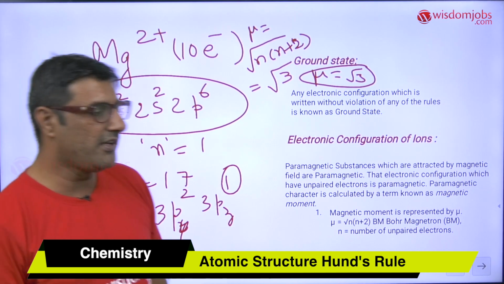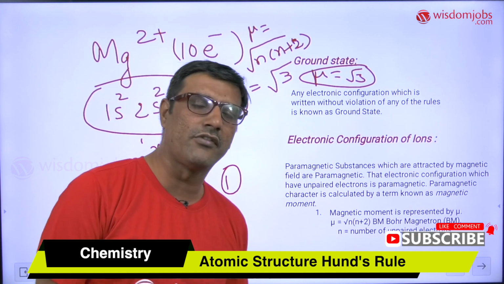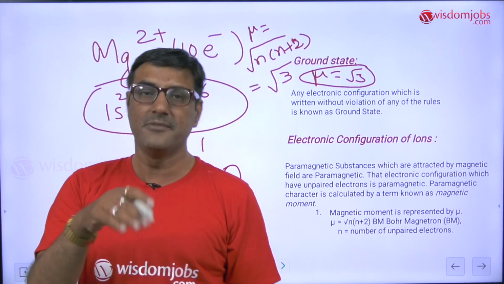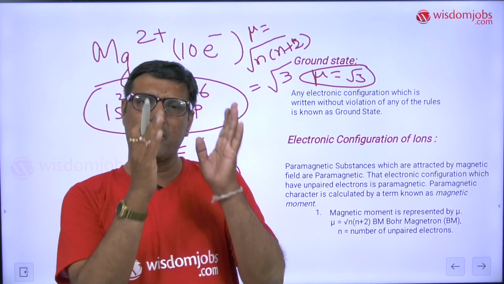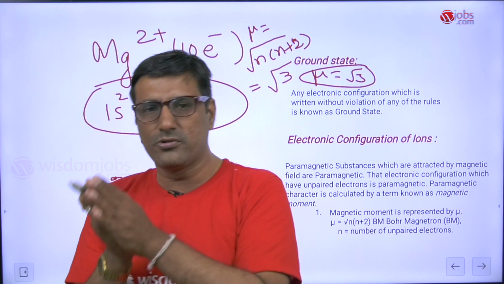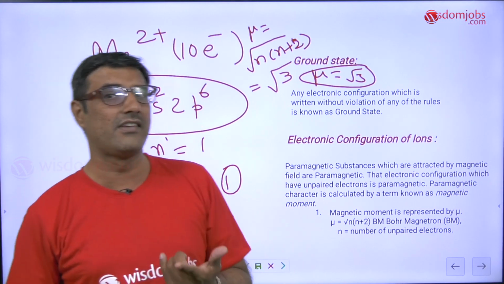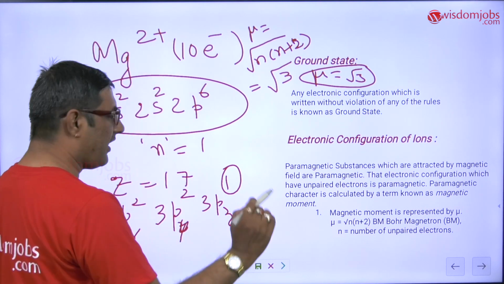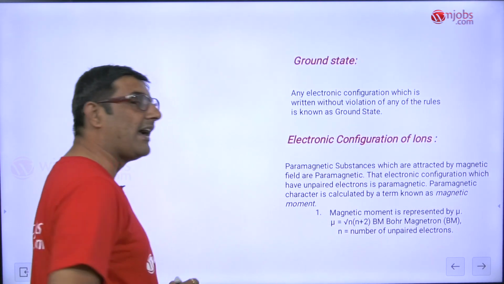Now let me take the excited state of magnesium. Magnesium has 2 electrons in its outermost orbit, and in the excited state, 1 electron from the 3s subshell will move to the 3p subshell. So in the excited state of magnesium, we have 2 unpaired electrons. What would be the magnetic moment for the magnesium atom in excited state?